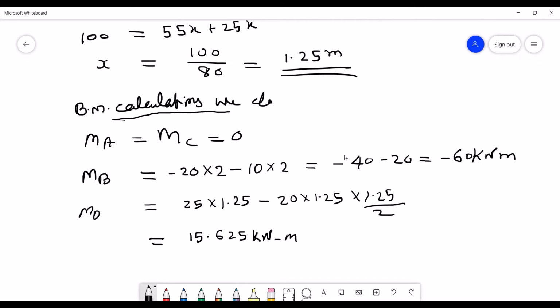By this calculation, at the point D we get 15.625 kilonewton meter. At the point B, we have minus 60 kilonewton meter.